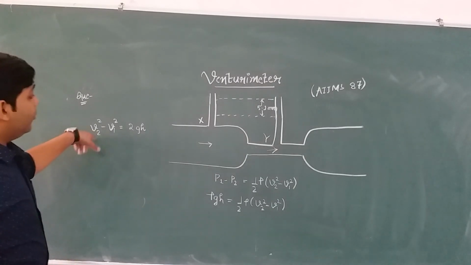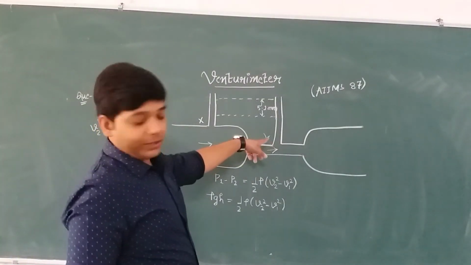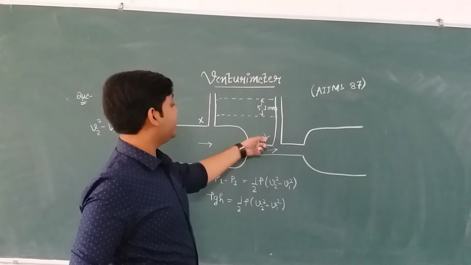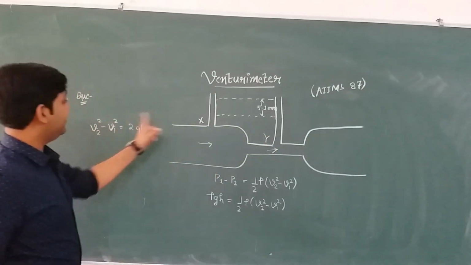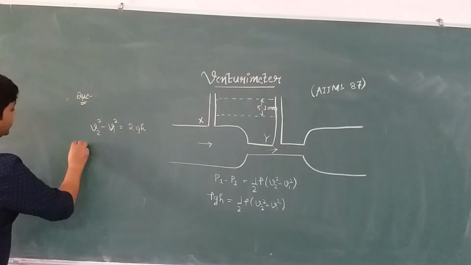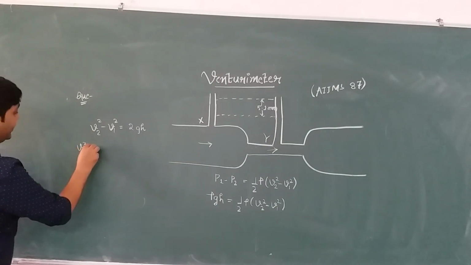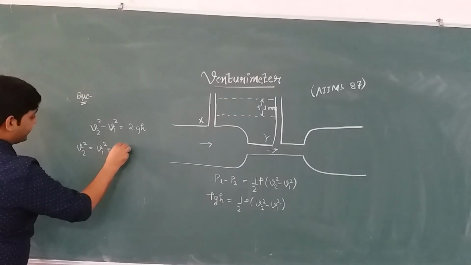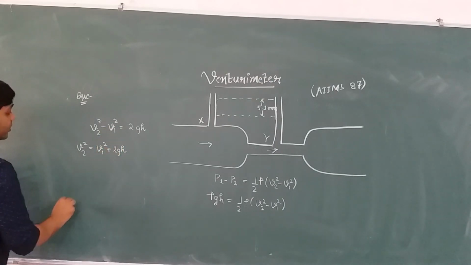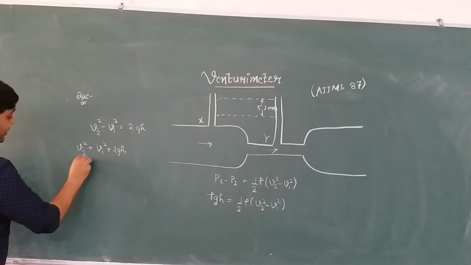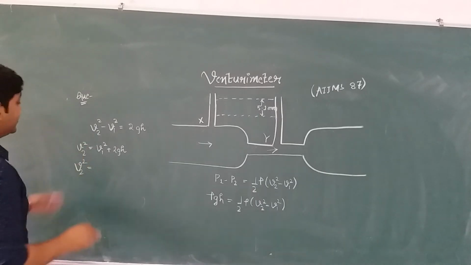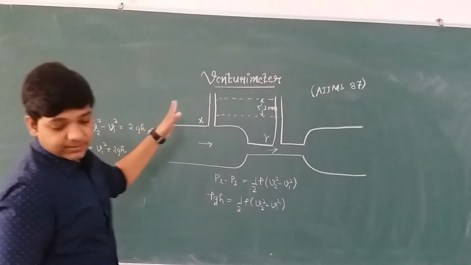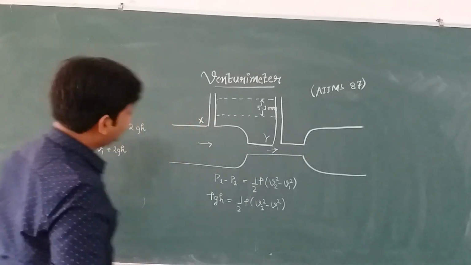Now, what is V2? We have to calculate V2, which is the velocity at y, and we have been given V1, which is the velocity at x. So V2 square will be equal to V1 square plus 2gh. Please put the values. V1 is given as 2 centimeter per second.